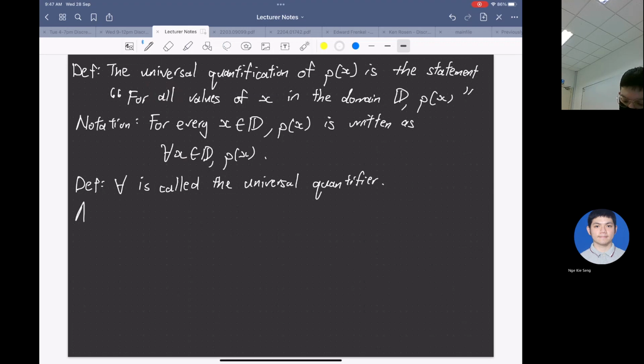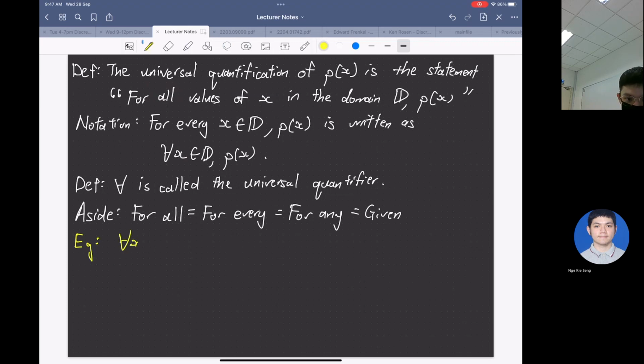There are a few ways to say it. We can say for all, for every, for any, or given an x. Okay, let's do an example.